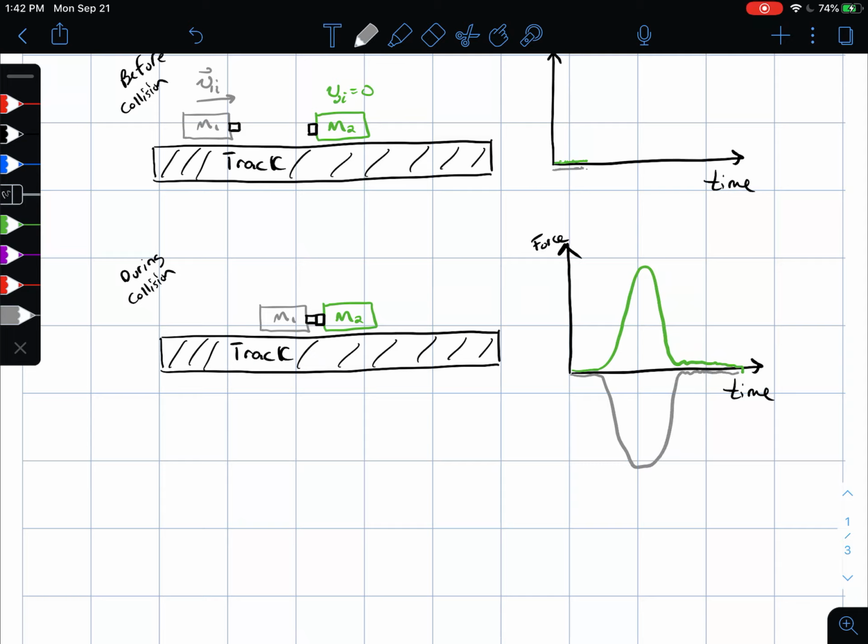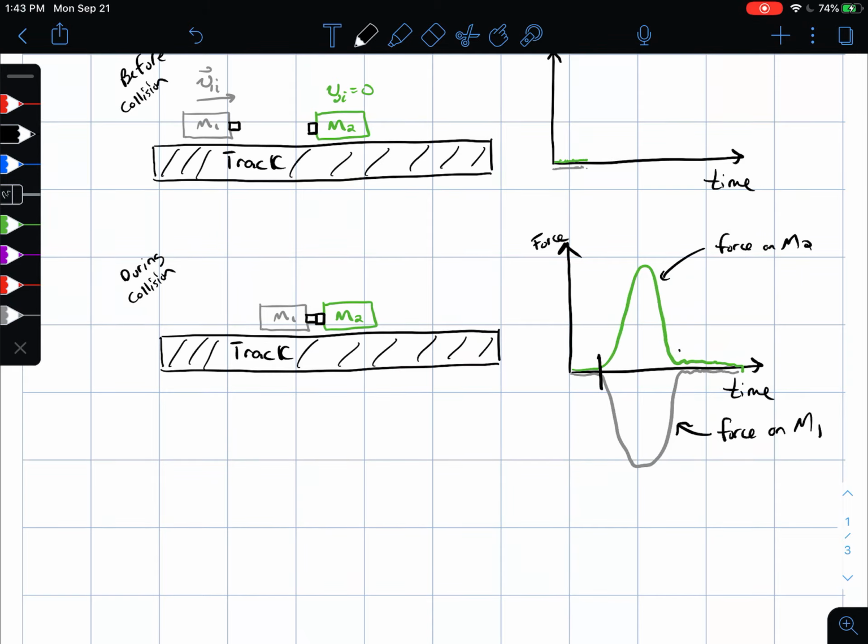I want to explore this a little bit. First off, let me make it clear. This top one is the force on M2, and this bottom one is the force on M1. Those graphs are displaying the forces as a function of time. From here to there is the time that they are in contact.